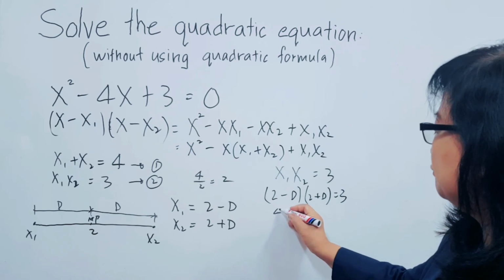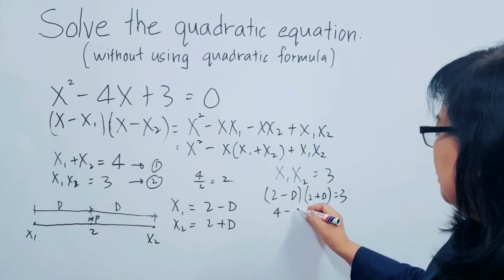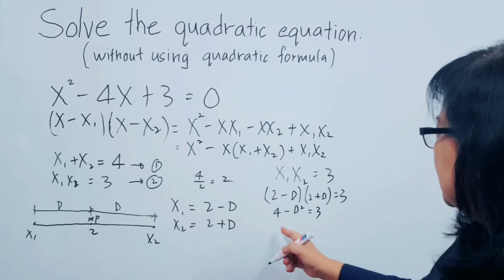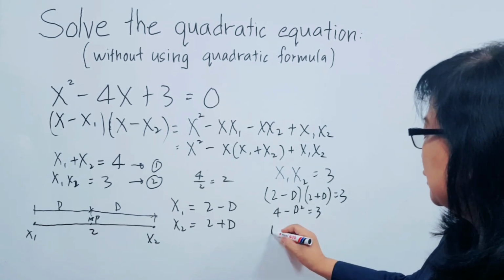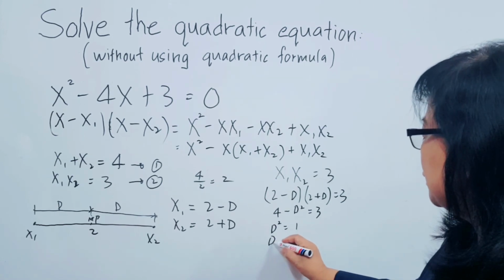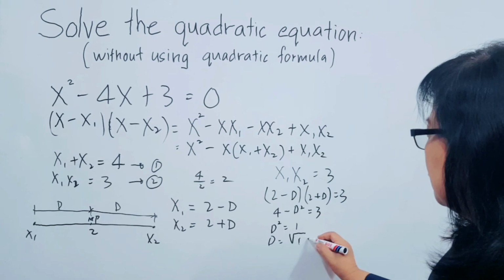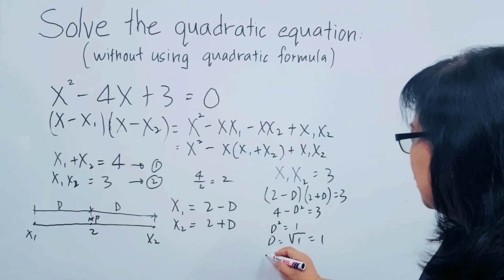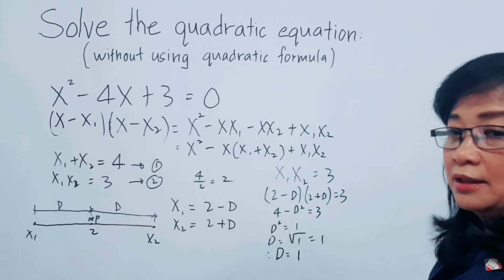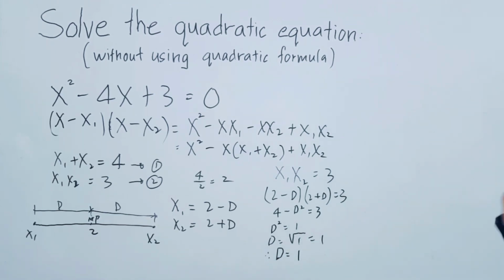This is equal to 4 minus D squared, which is equal to 3. Simplifying this one, D squared is equal to 1. The square root of 1 is equal to 1. Therefore, D is equal to 1.